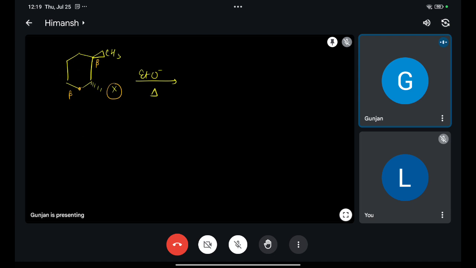But this beta hydrogen is on dash. It requires the hydrogen to be eliminated to be on the wedge position. Hydrogen should be on the wedge position. Here the hydrogen is on dash, so it cannot participate. That is the reason we are now taking this hydrogen, and we get this type of alkene.